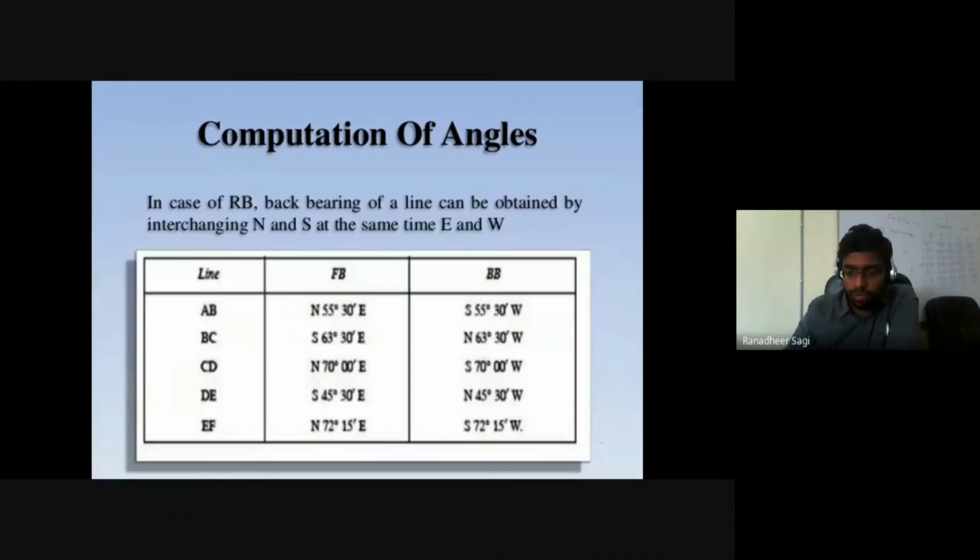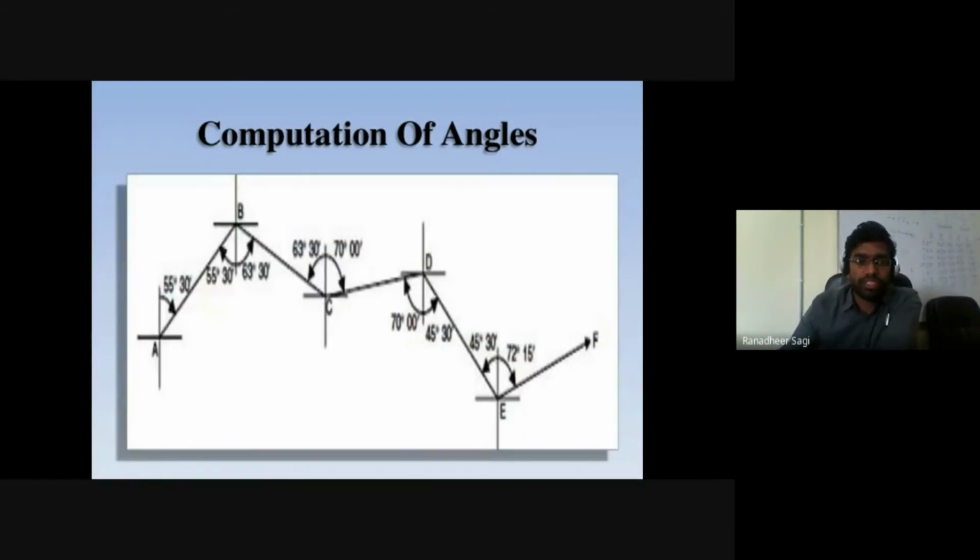So now go on to represent your rough sketch for survey lines going from A to B, B to C, C to D, D to E, and E to F with respect to the four bearing and back bearing data you have calculated.